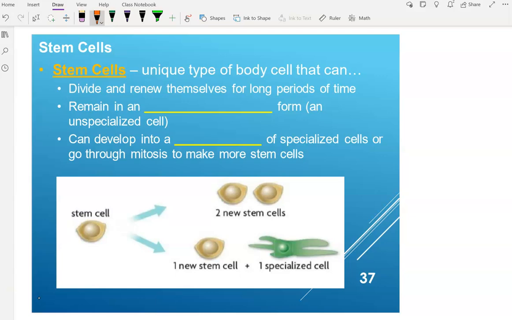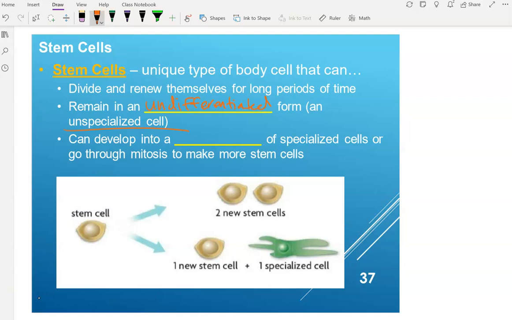They can also remain in an undifferentiated form. Meaning they're basically a blank slate, an unspecialized cell, which is nice because then that cell can divide and either make more stem cells, or one of those cells can stay a stem cell and the other can become a specialized cell.